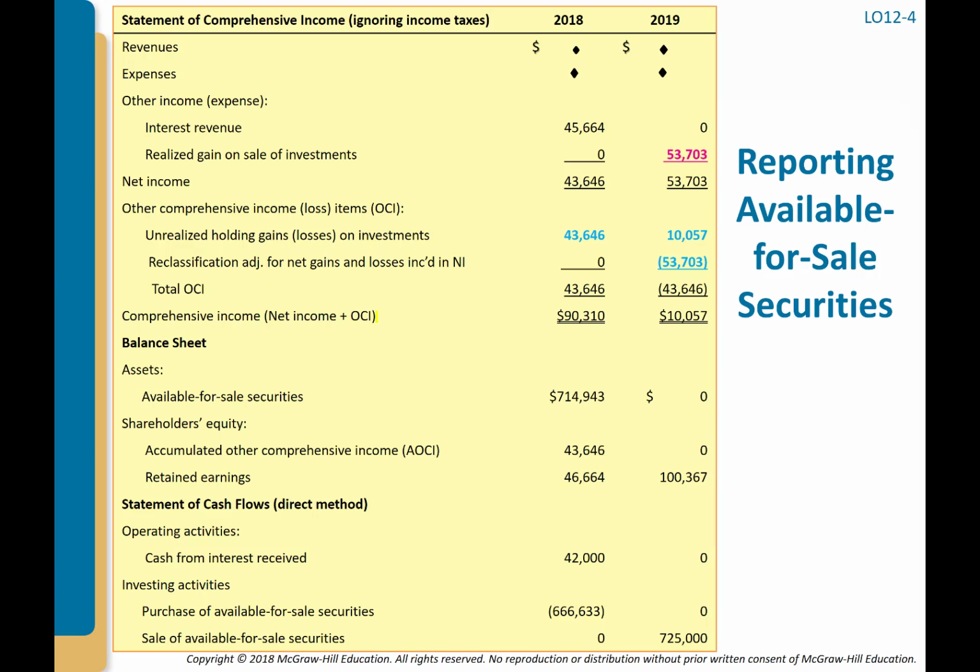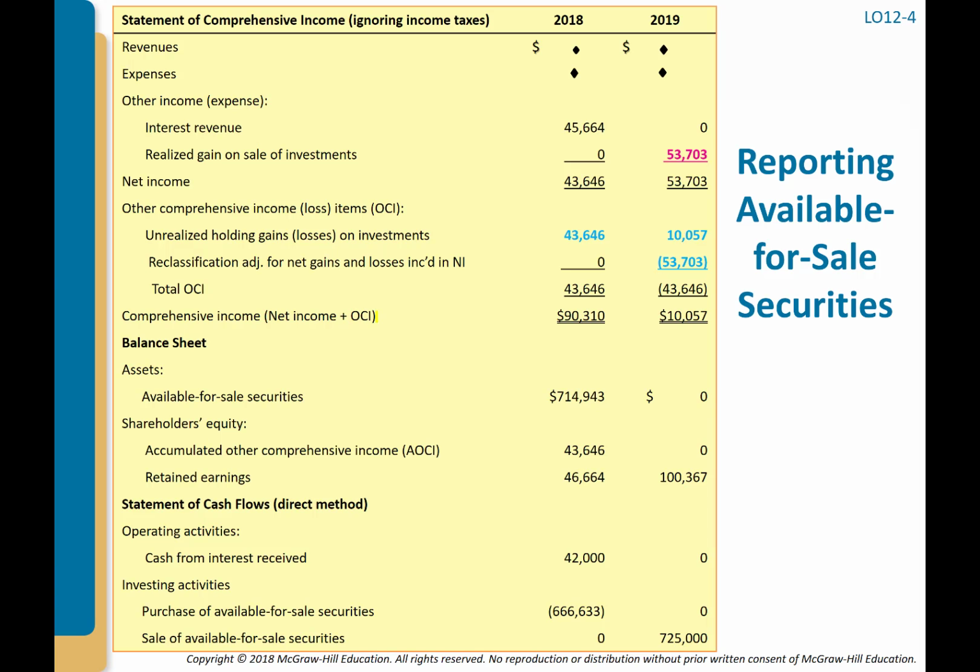Okay, so now I'm going to close my OCI, and OCI, they showed that correctly, was 43,646? Right? They give me the right number for that one. It's 43,646.